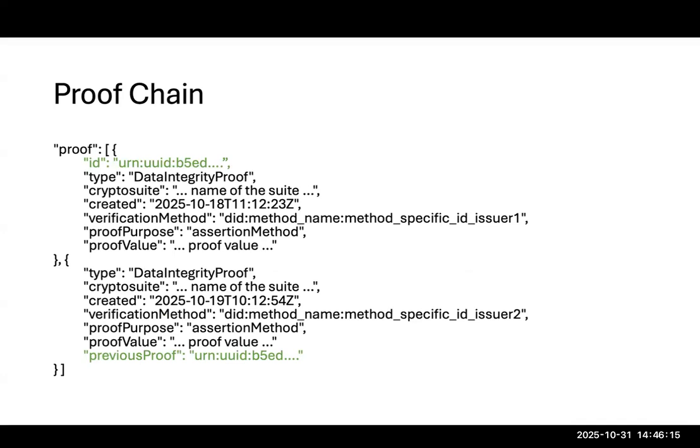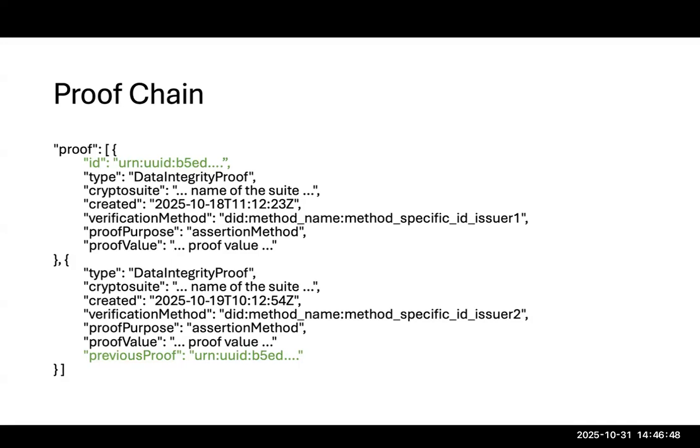Of course, in case of independent signatures with proof set, to validate the information, the credential, both signatures must be valid. With proof chain also, but typically, for example, the second proof also protects for integrity the previous one.